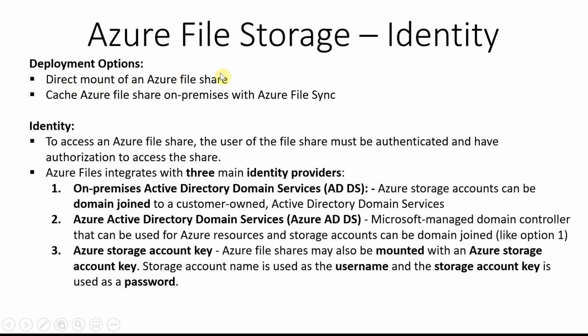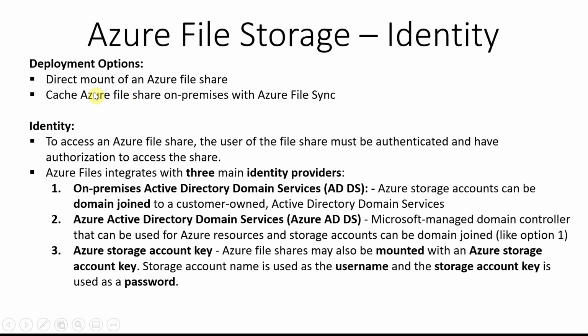Mounting of a file share is the most common deployment pattern. But because of file sync, you can also cache the Azure file share on premise with Azure file sync. Let's say you're not a heavy user and you don't get files very often, but once in a while, and you access them very rarely.